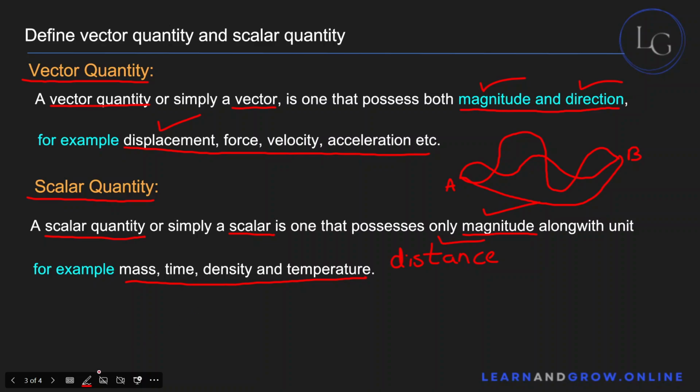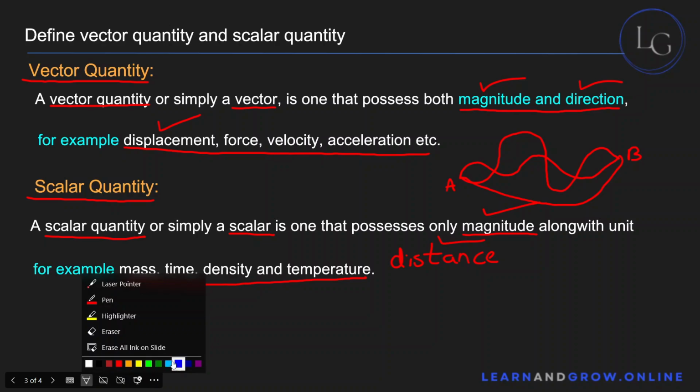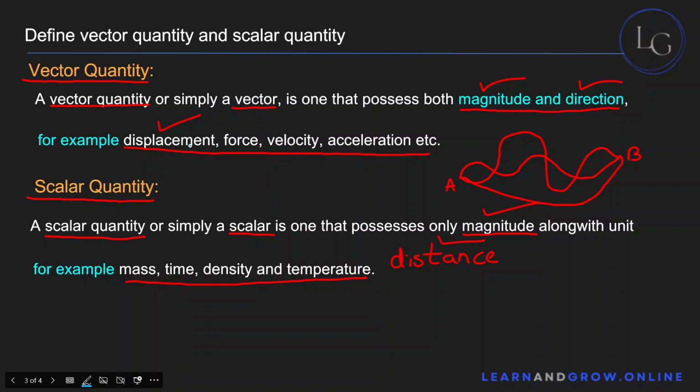But here's the thing, that is a distance, okay? But what is a displacement? Let's just use another color for it. A displacement is the shortest distance between 2 points. So a straight line between A and B, that is the displacement.